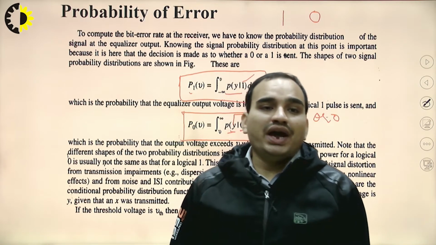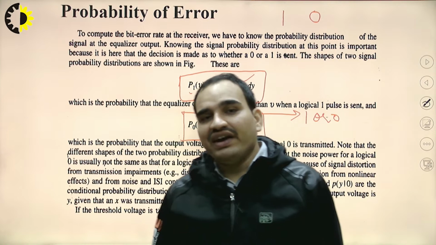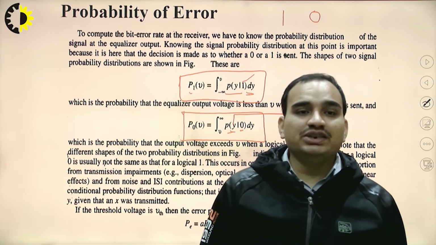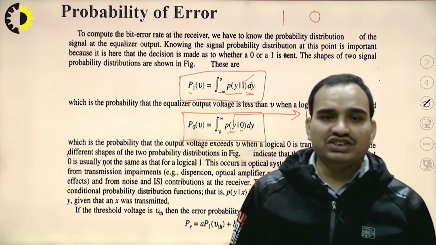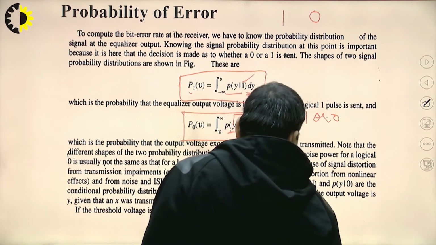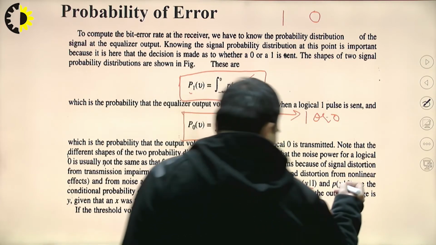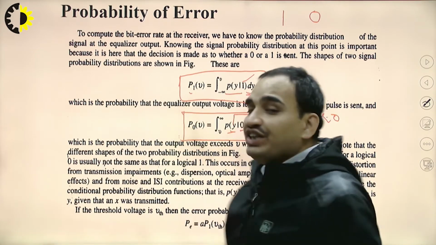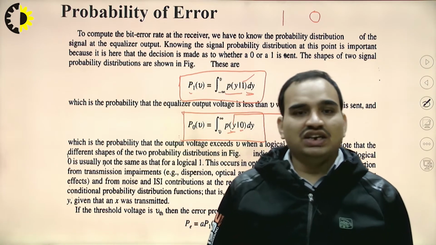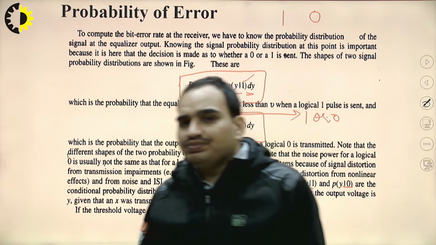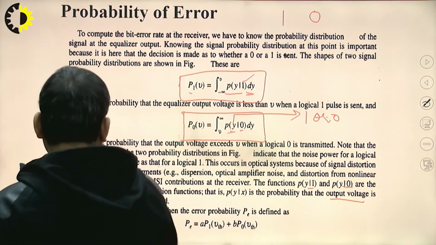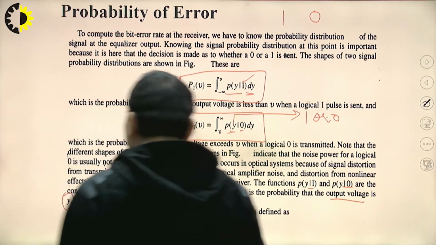And there is noise and ISI, which stands for inter-symbol interference, contributing at the receiver. The functions P(y|1), where 1 has been transmitted, and P(y|0), where 0 has been transmitted, are the conditional probability distribution functions, that is P(y|x). It is the probability that the output voltage is y, given that we have transmitted x, where x is the transmitted bit.